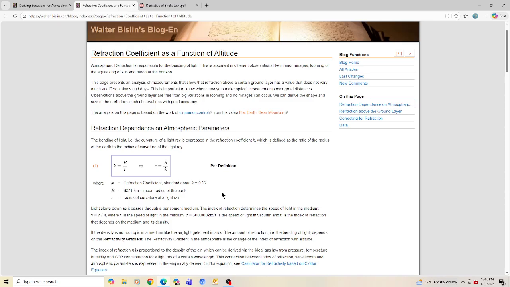It is the change into a denser medium. At the point of change, or along the rate of change, refraction can happen.